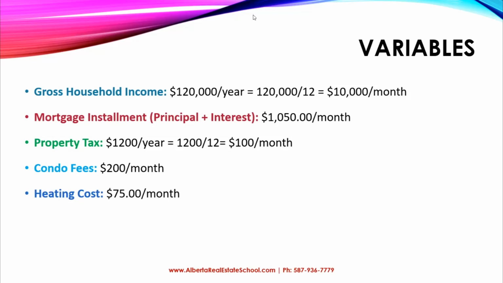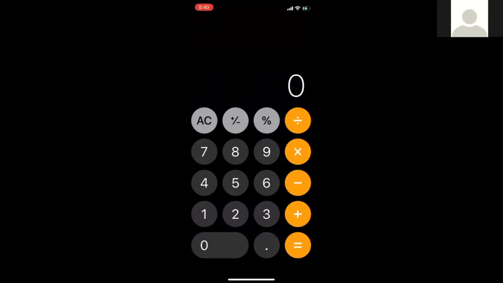Now let's take a look at the calculation here. All right, so in this case, our PITH would be, first of all, our principal and interest payment would be $1,050. So $1,050 per month will be our mortgage payment. Plus, we have property taxes of $100 per month.